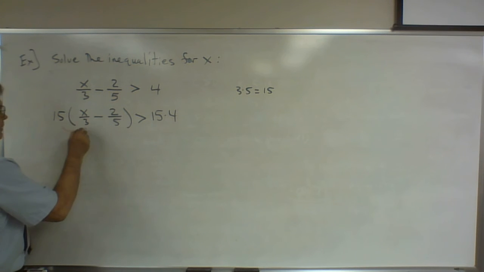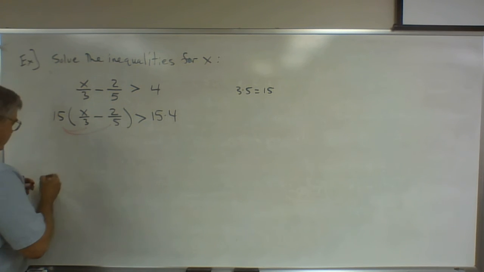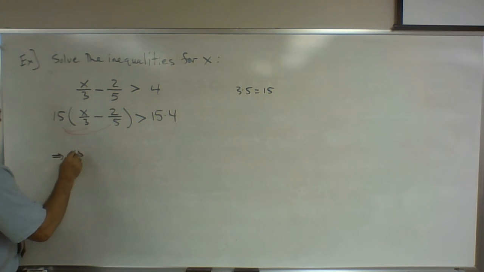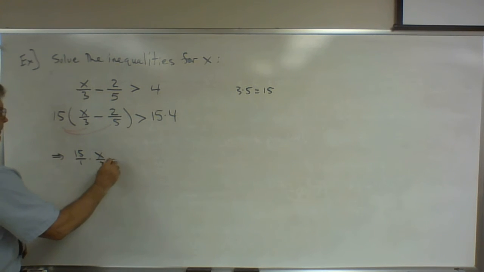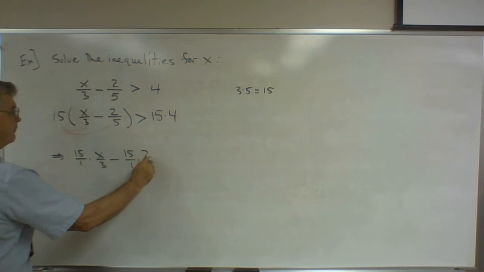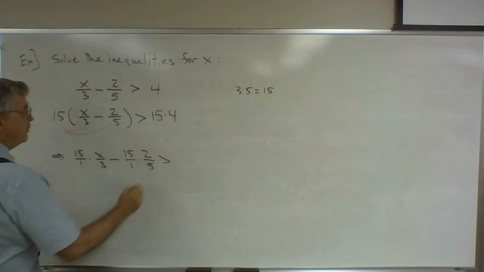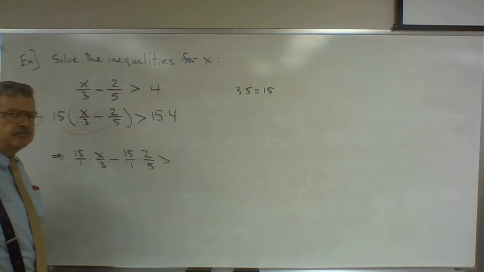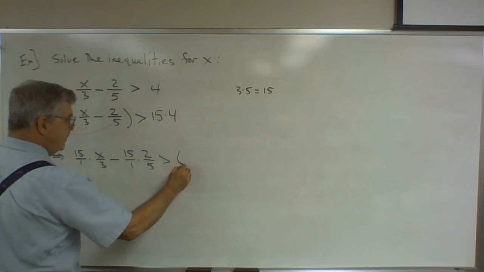Now I've got to distribute my 15 to both of these terms. So that means I have 15 over 1 times x over 3, and I have 15 over 1 times 2 over 5, greater than 15 times 4, that's 60, right?